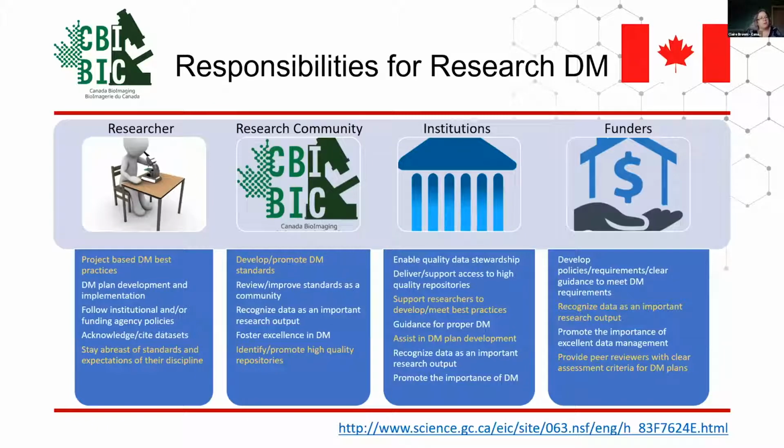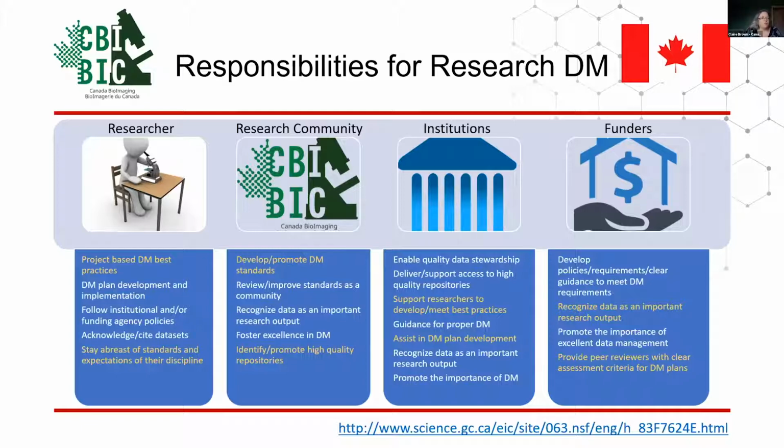So they also have a nice definition of the different responsibilities of the different stakeholders, going from the researcher to the funders. And I'll just highlight a few here. So the researchers are responsible for data management practices across their project and implementation of those, and for staying abreast with the standards and expectations of their discipline. The research communities are to develop and promote data management standards and identify and promote high quality repositories.